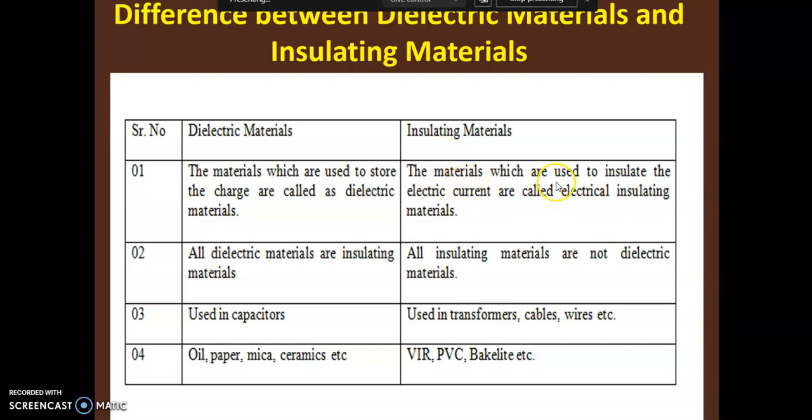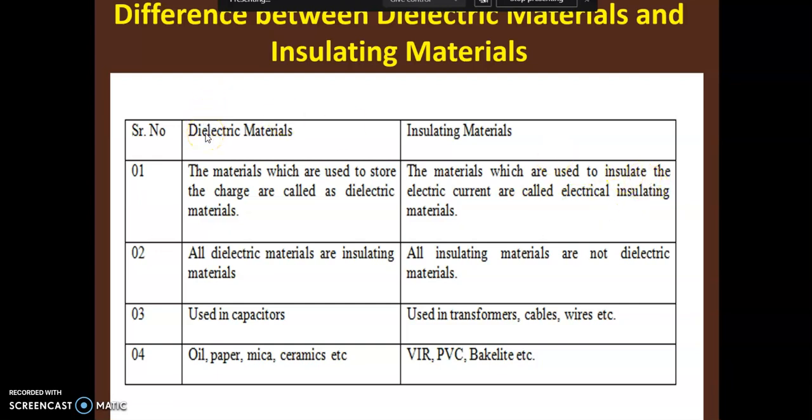The materials which are used to insulate electric current are called electrical insulating materials. The name itself implies it will insulate electric current, because we are electrical engineers, so we are mainly bothered about the current, voltage, current flow. Through these materials, current will not flow, means they should not allow it. Current will start flowing under certain conditions, but in normal conditions, current should be insulated.